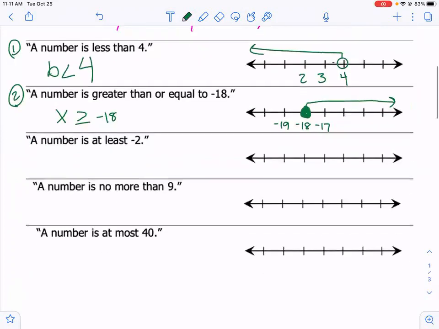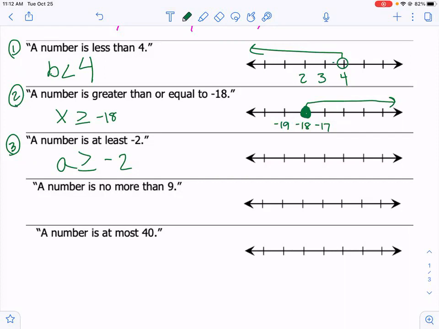Okay. So, Arislin, the third one, a number is at least -2. So I'm going to make our number A. And what kind of sign do we need between A and -2? Just greater than or equal to.